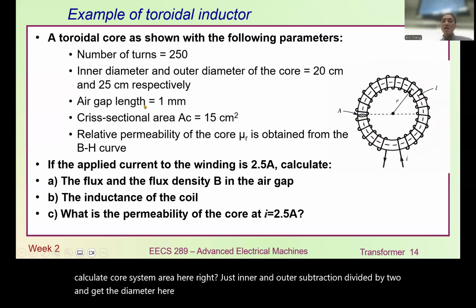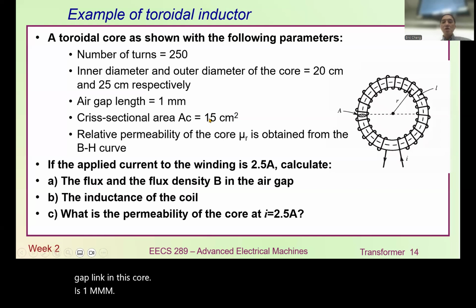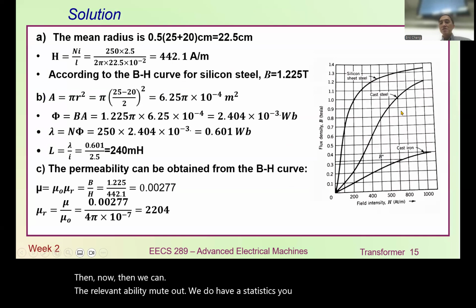The air gap length, we assume somewhere in this core, is 1 mm. The cross-sectional area of the core is given to be 15 cm squared. For the relative permeability μr, you have a data sheet you can refer to, which is this one.